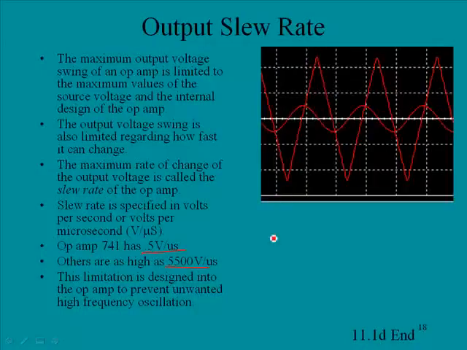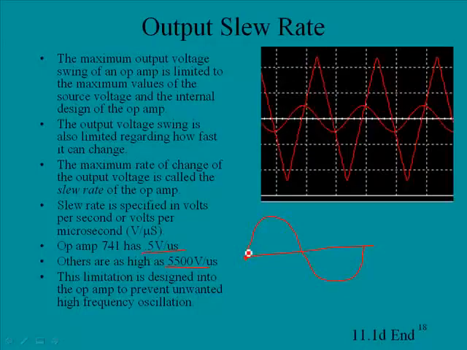Now the basic idea is that if we had, let's say, a nice AC input coming in, this would be the input to our op-amp. Now the output of the op-amp wants to go to this particular speed of change, but it is limited to changing, and it's a 741, to 0.5 volts per microsecond.